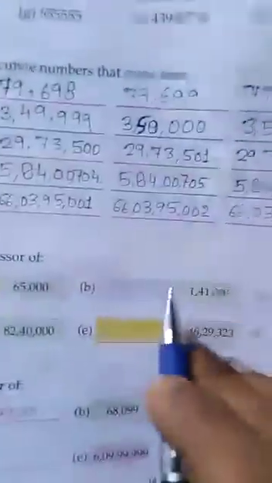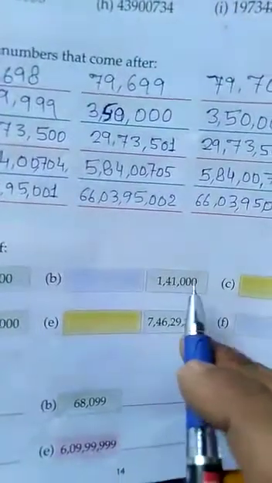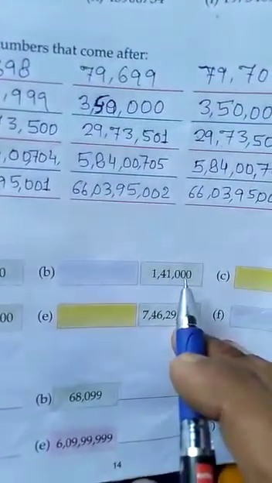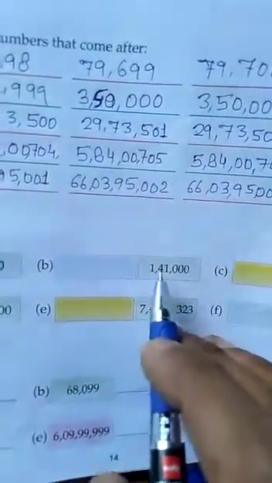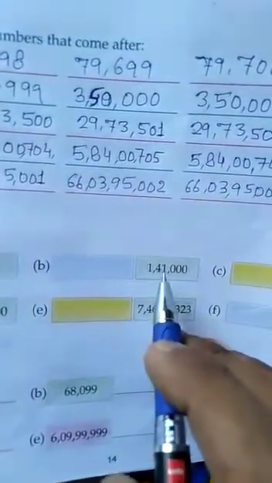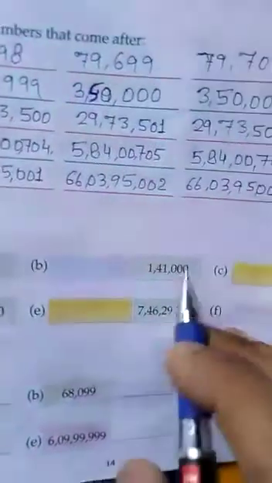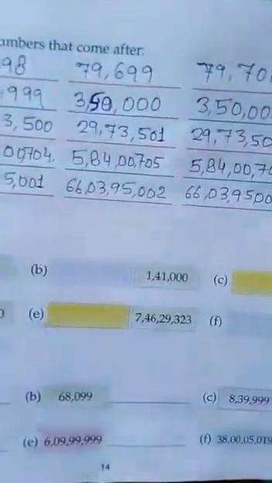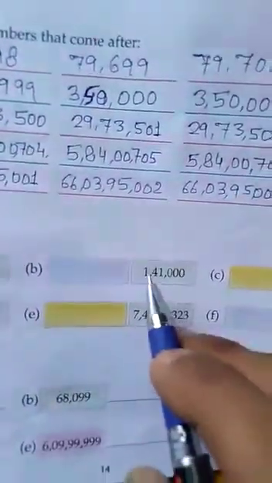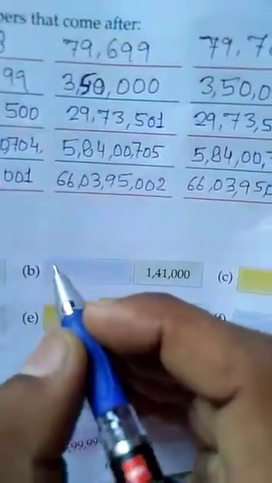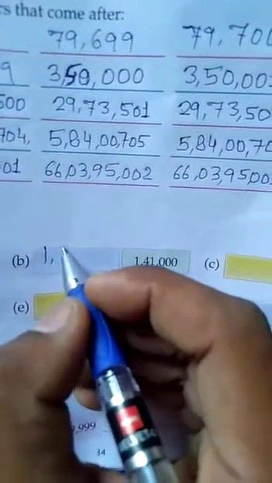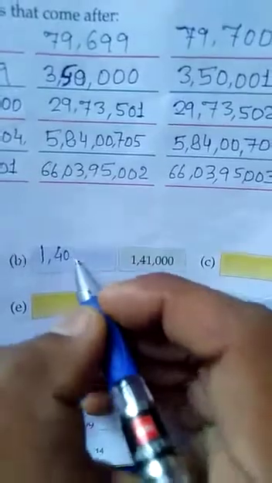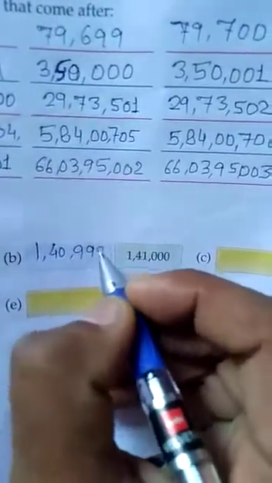Now we will do question number B. The question number B is given here: 1,41,000. Here we will find the predecessor of this number. So we will subtract 1 from 1,41,000. When we subtract 1 from 1,41,000, we will get 1,40,999.